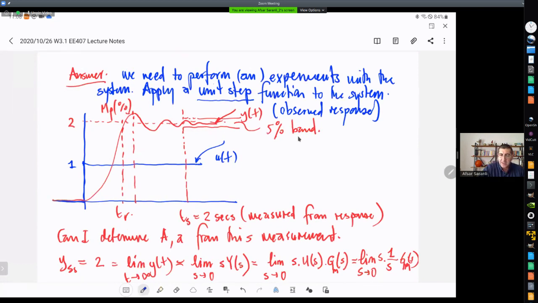If the response was like this, it would have been an overdamped response. In that case, that expression that we had would not apply, and we would have a more difficult problem. Okay? Any questions at this point?